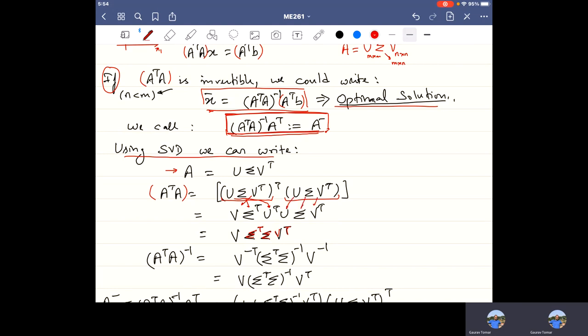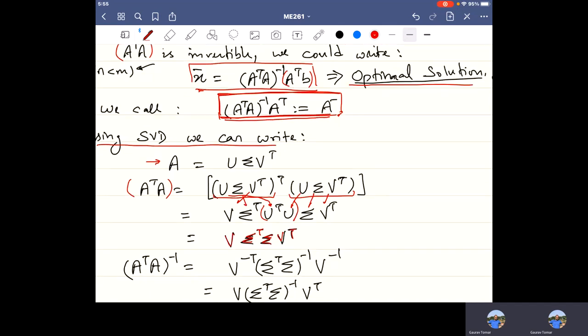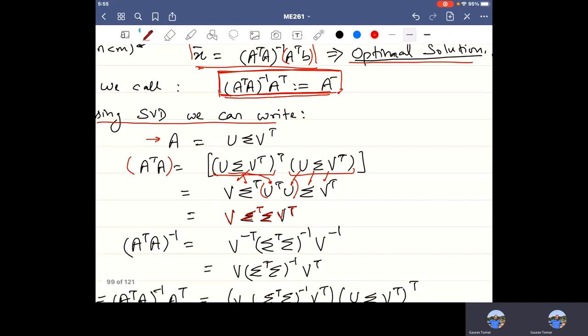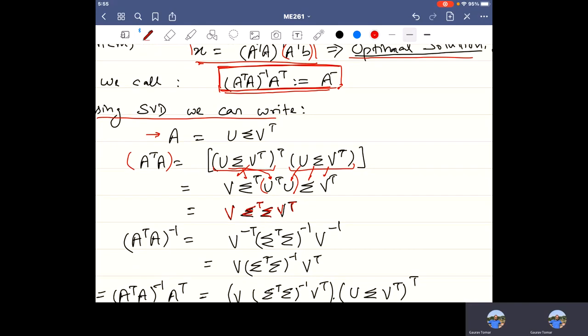In the center you have U transpose U, which is an identity because U is an orthogonal matrix, so you can take it off. What you're left with is V sigma transpose sigma V transpose. Now, to write the inverse of that, you can use the rule we defined earlier for products.